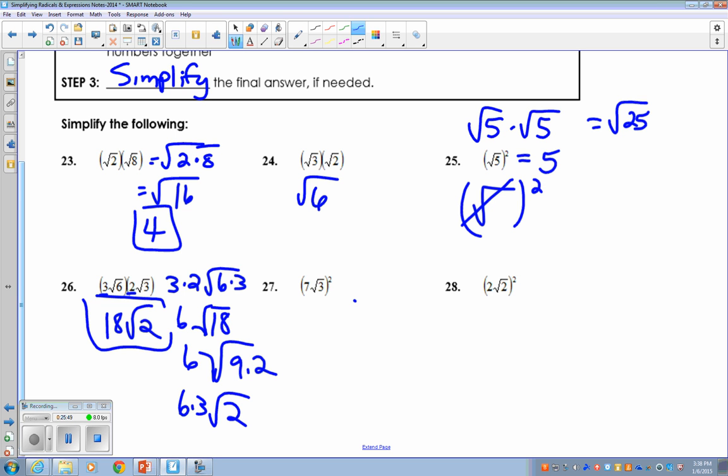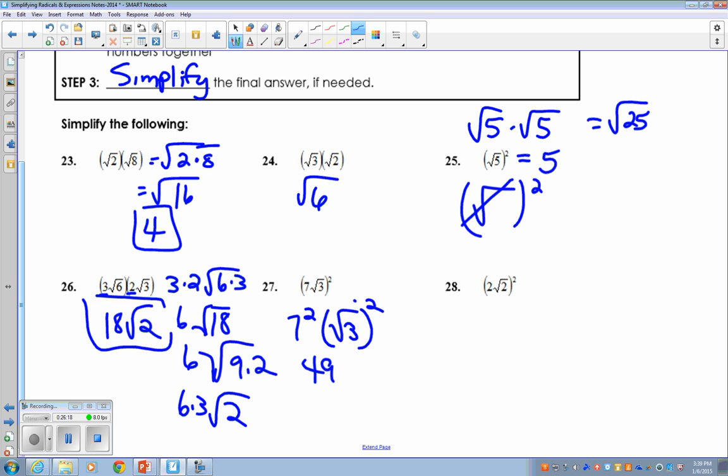Okay, I need you to talk about this. The last one. This exponent of 2 is going to the outside and to the inside. It's going to the radical and to the coefficient. So this is saying 7 squared and the square root of 3 squared, because you're applying it to the whole thing. So what is 7 squared? 49.